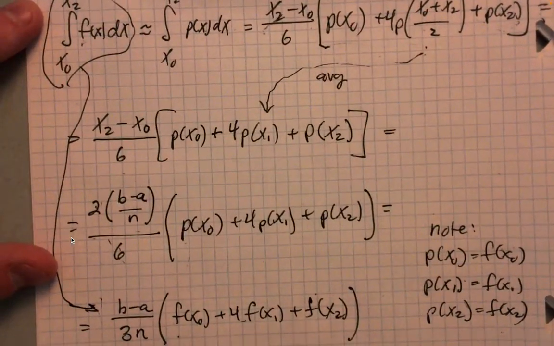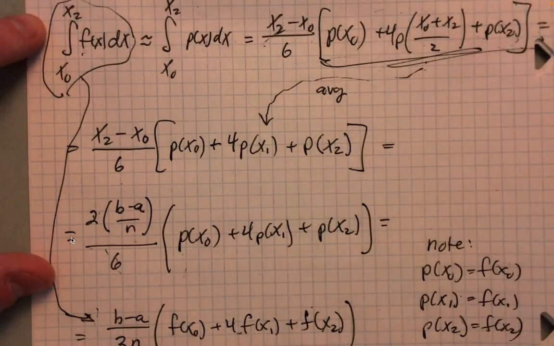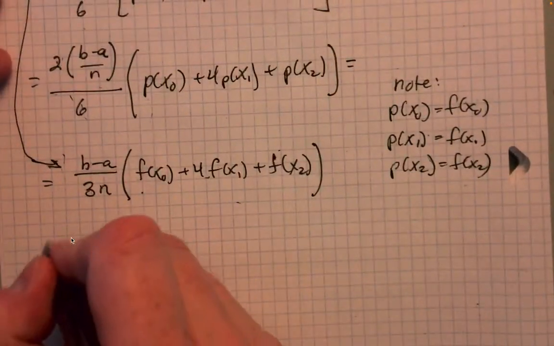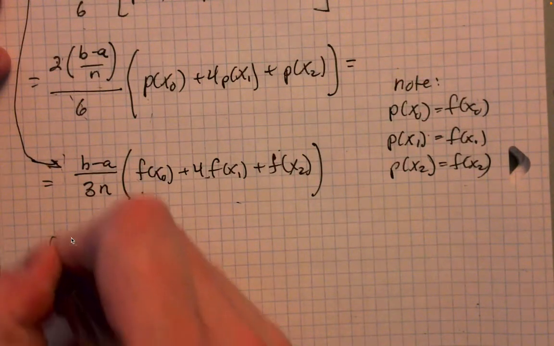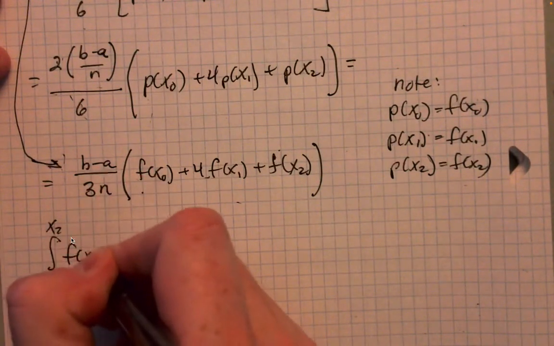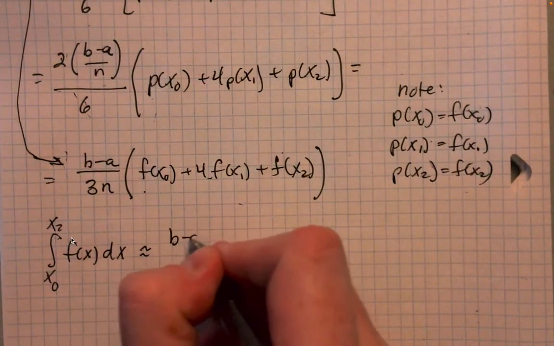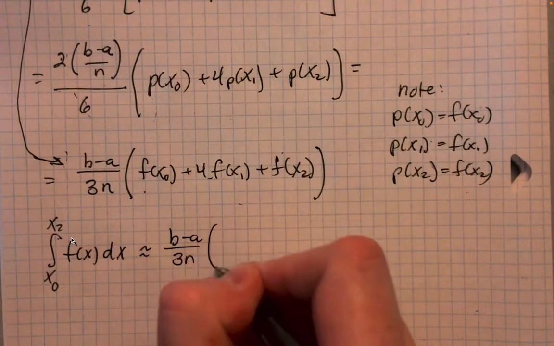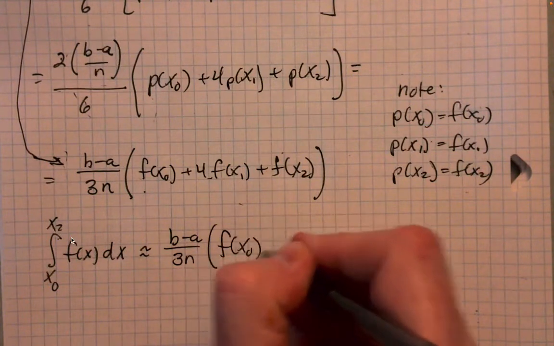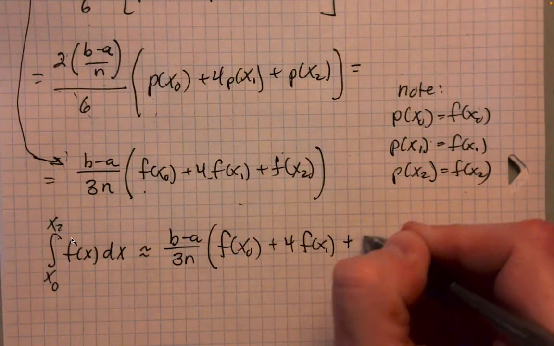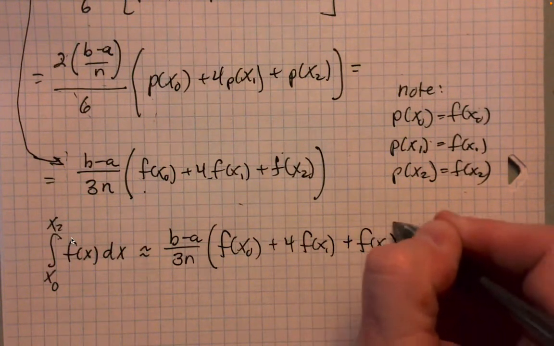Because then we don't have to go and actually find a p, we just have to assume one exists. So the integral from x0 up to x2 of f of x dx is approximately equal to b minus a over 3n times f of x0 plus 4 f of x1 plus f of x2.